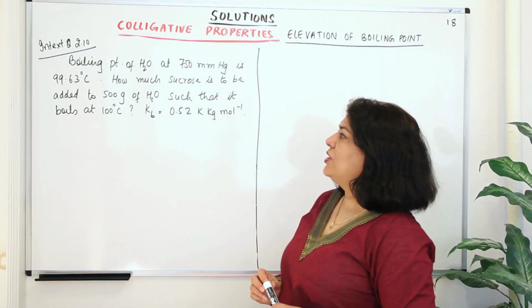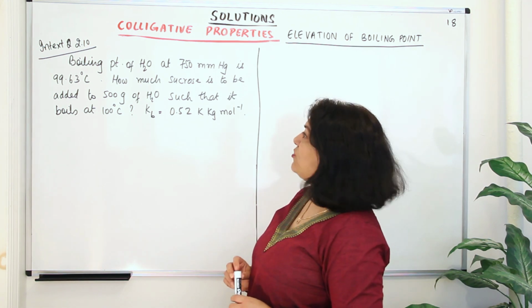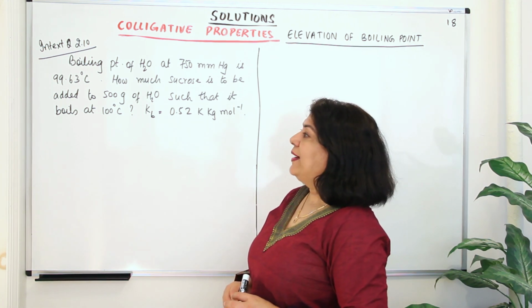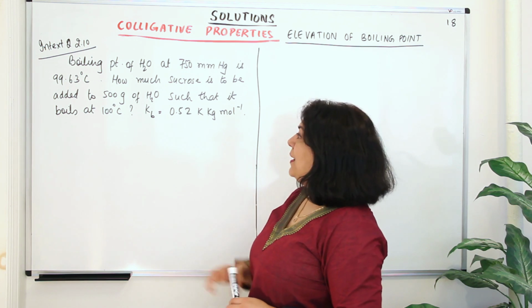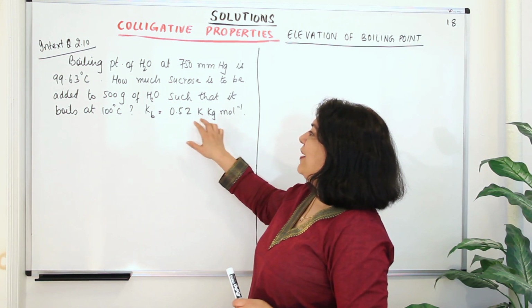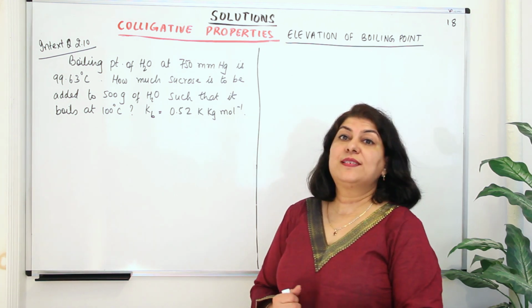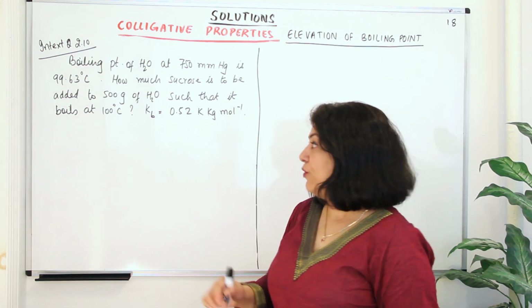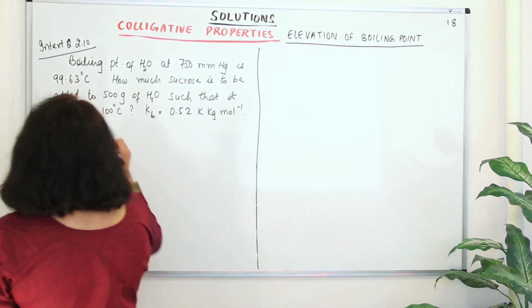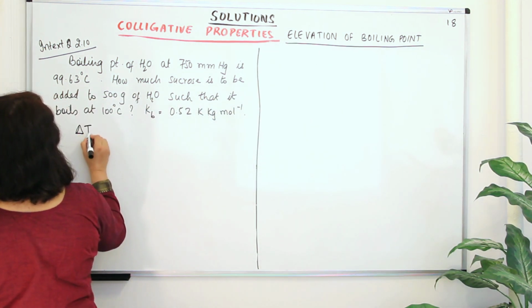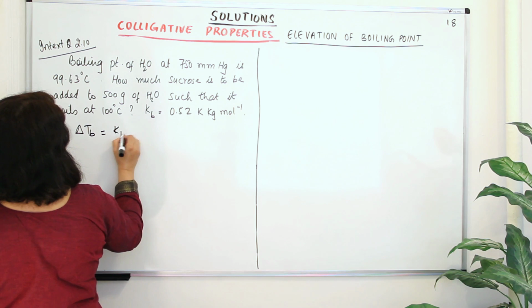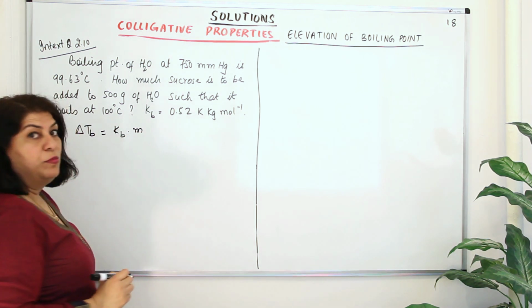How much sucrose is to be added to 500 grams of water such that it boils at 100 degrees Celsius? Kb is equal to 0.52 Kelvin kg per mole. Now again, what all is given to us and what's the formula that we are looking for? The formula that we are looking for is delta Tb is equal to Kbm, where m is the molality.